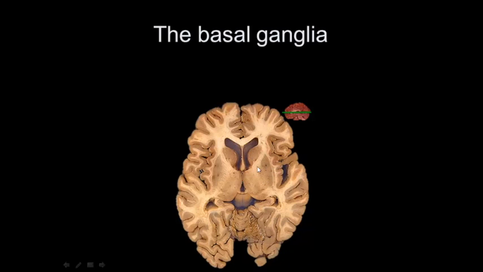The lentiform nucleus is made up of the putamen, more lateral and darker, and more medially, this paler structure is called the globus pallidus. Pallidus means pale, so that's easy to understand. So when you identify the anterior limb, you are able to distinguish the caudate from the lentiform nucleus. The posterior limb separates the lentiform nucleus from the thalamus.